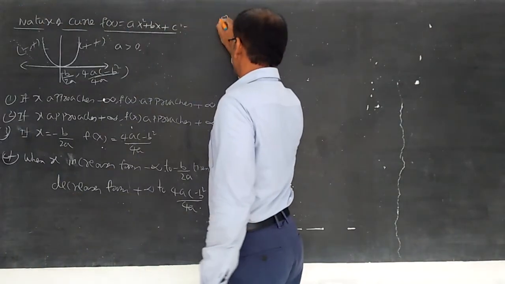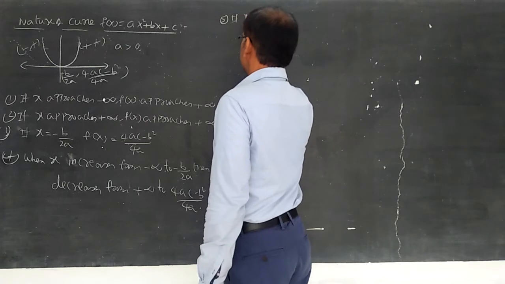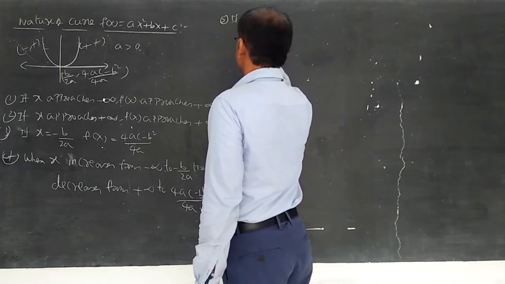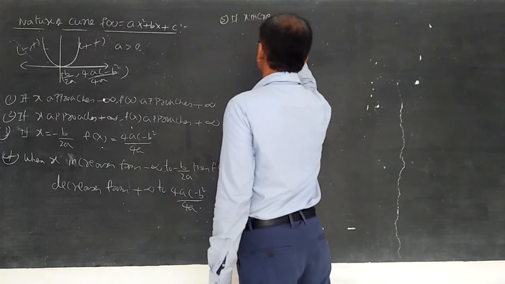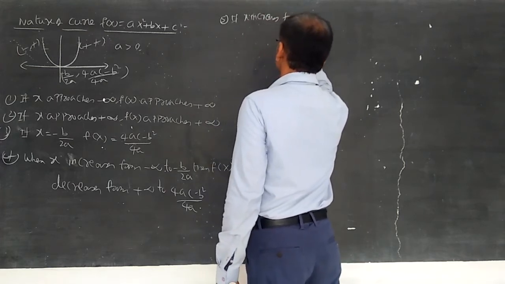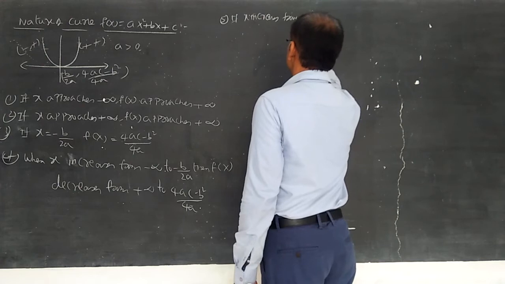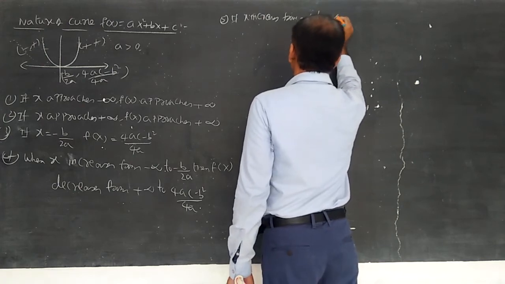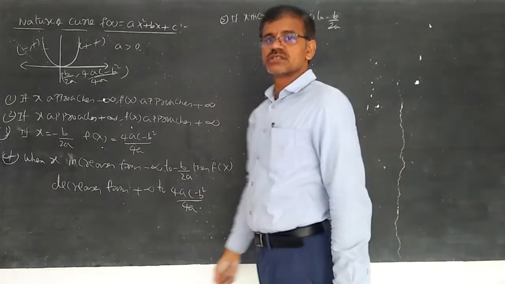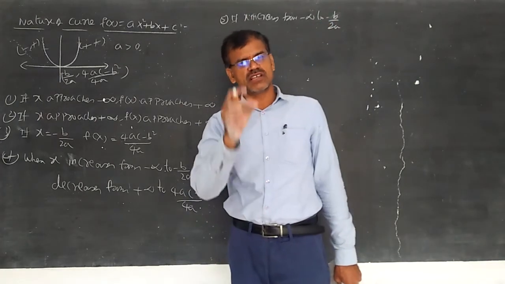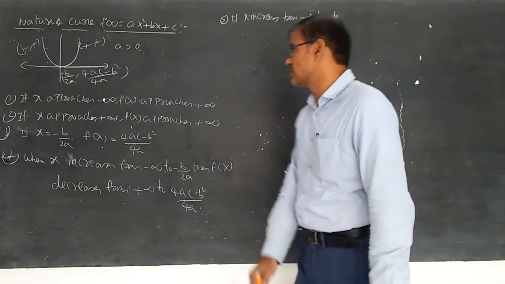Fifth point: if x increases, plus side concept, and if x increases from minus infinity to minus b by 2a, students, you can understand that minus infinity is so large, so lesser value than minus infinity.